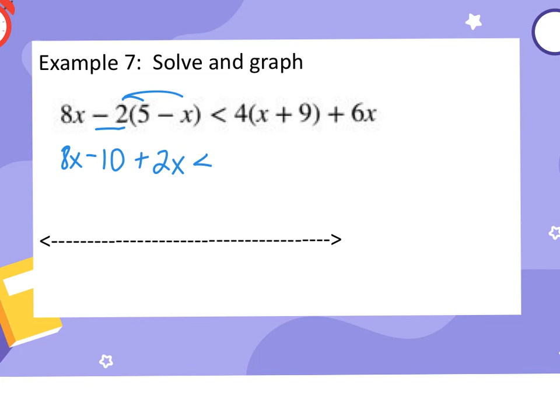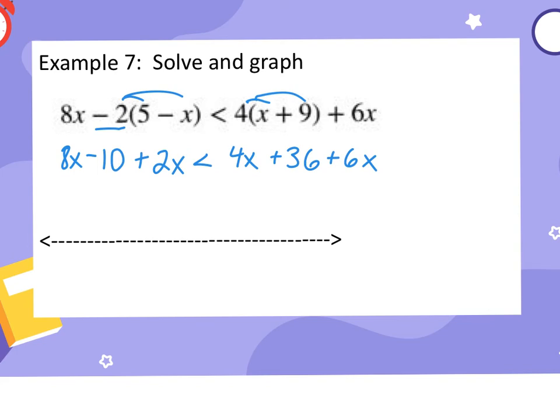Then on that right side, somebody over here, how do we simplify this? Yeah, distribute the 4. 4 times x. 4x. And 4 times 9. 36. Plus 6x.